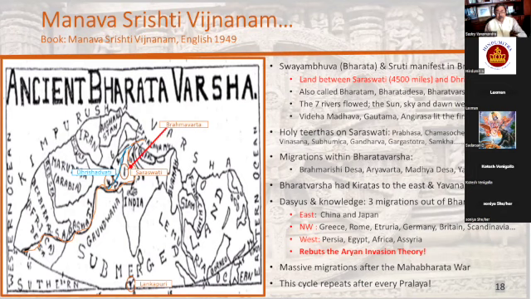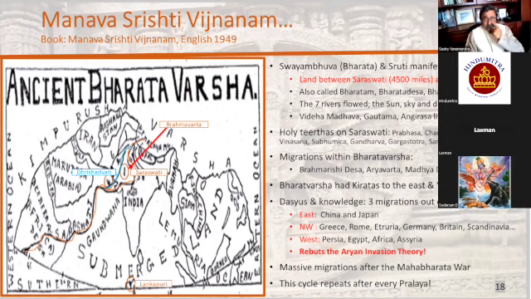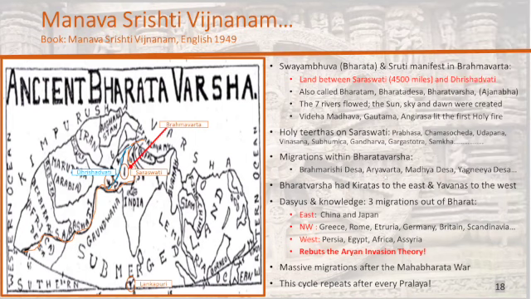And over time, as the population of Brahmavarta grows, the population starts migrating because of excessive population. So they move from Brahmavarta to other places, and I name some of them here, called Aryavarta, Madhyadesha, Yagniyadesha.